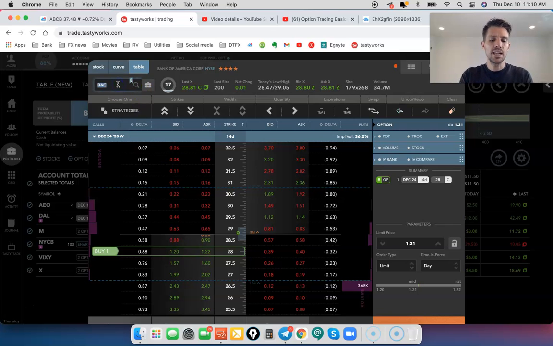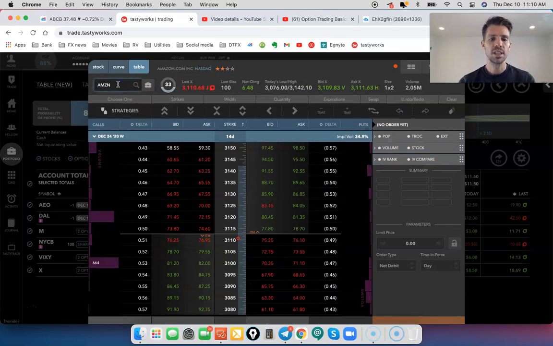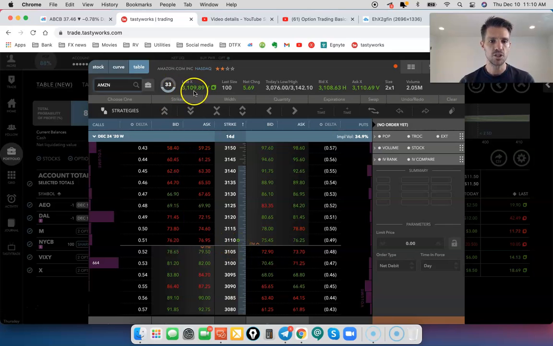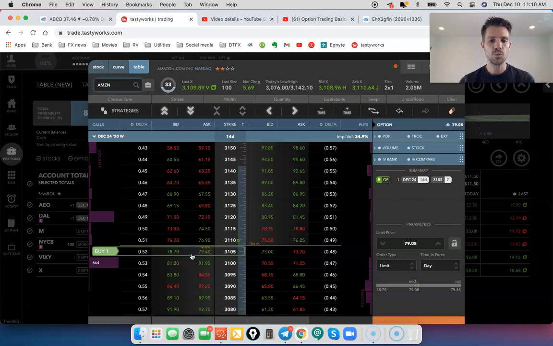So, again, if you go to a really expensive stock, Amazon, for example, Amazon's trading at just about 3110. Let's say that I buy a 3105 call option. Now, you might be saying, well, look at this thing. It's almost $1 apart, but the option also costs almost $8,000 to buy. Most of the options we're looking at are going to be a couple hundred dollars. So this is a very expensive option on a very expensive stock, so it'll have a little bit of a larger spread, and that's okay.